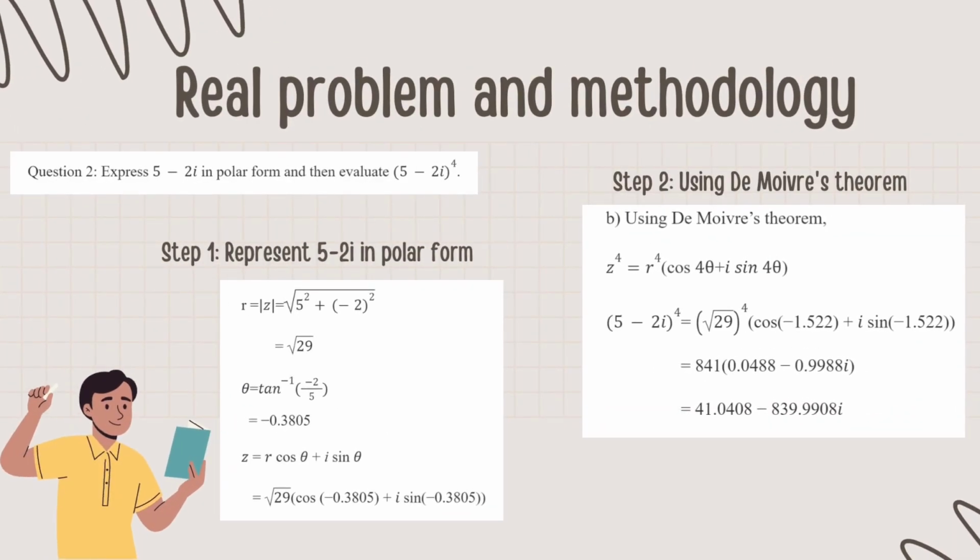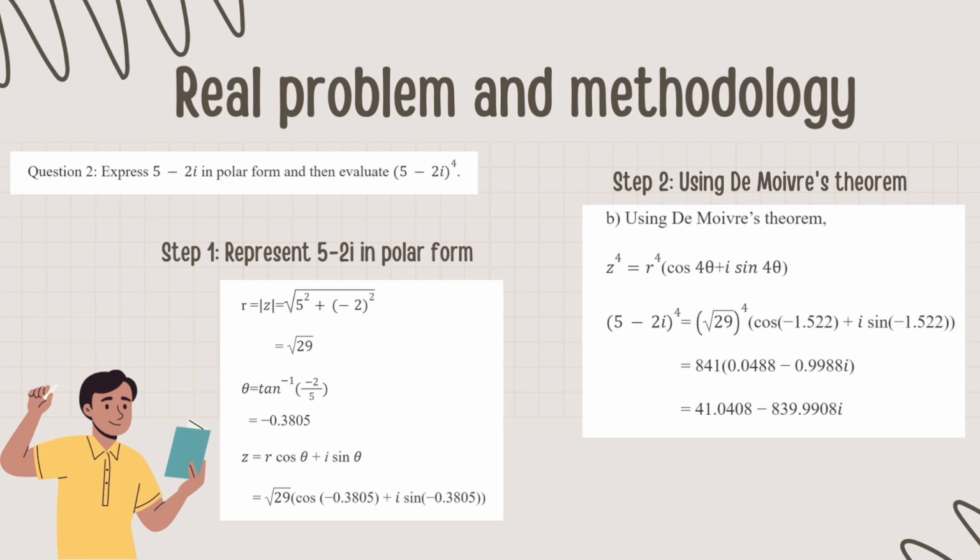Next, let's see question 2. Express 5 minus 2i in polar form and then evaluate (5 minus 2i) power 4. First step, we should represent 5 minus 2i in polar form. Now to find r and theta, we can apply the same formulas as for modulus and argument.